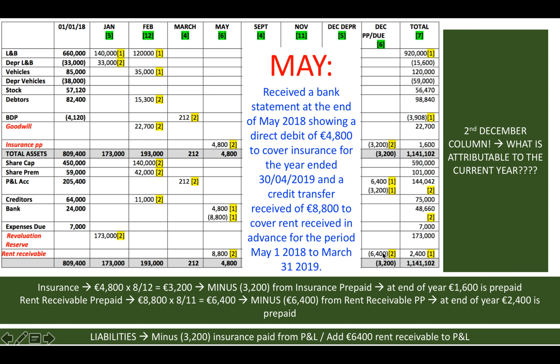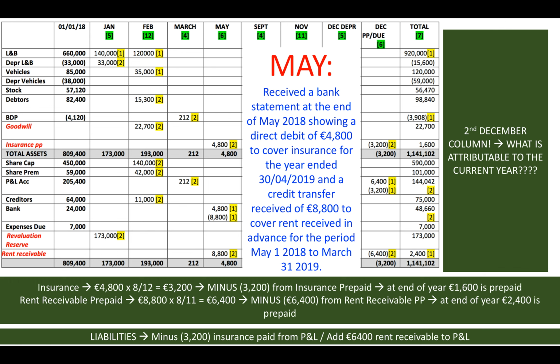Now, the rent receivable. How much of this 8,800 relates to the current year, 2018? Well, I go back over here, a credit transfer received of 8,800 to cover rent received in advance for the period May the 1st, 2018 to March 31st, 2019. So 3 of the months are for next year, but how many months are for this year? So it says May the 1st here, so we've got May, June, July, August, September, October, November, December.